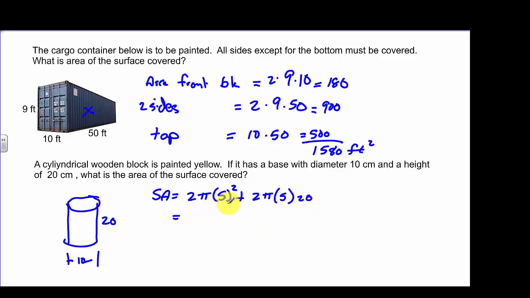So in this case, I have 25 times 2, which is 50 pi's, plus there's 100 times 2, which is 200 pi's. And then again, since it hasn't asked me to round anything, I'm going to combine these two. If I have 50 pi's and 200 pi's, that's 250 pi's. And that is my exact value.